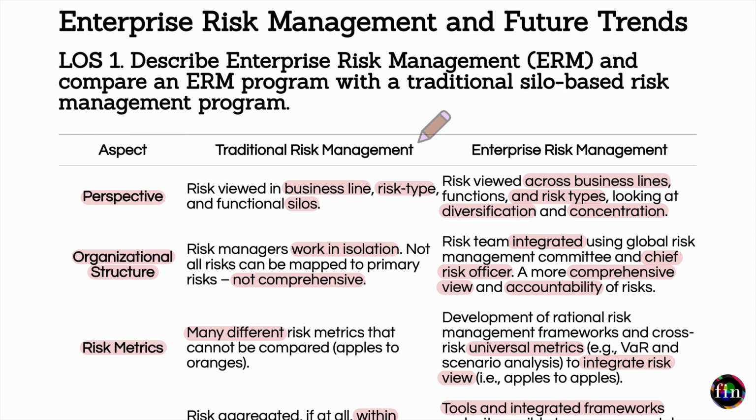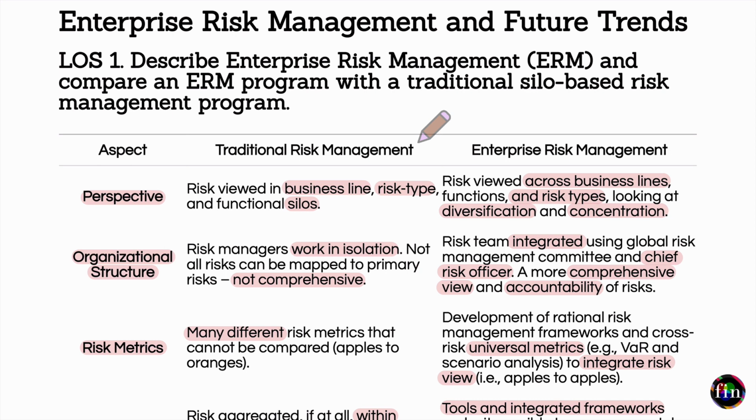Okay, so there might be a risk manager who is a specialist in managing interest rate risk sitting in the commercial banking division of the firm, and there might be another separate risk manager, again specialized in managing interest rate risk, sitting in the investment banking division of the firm.